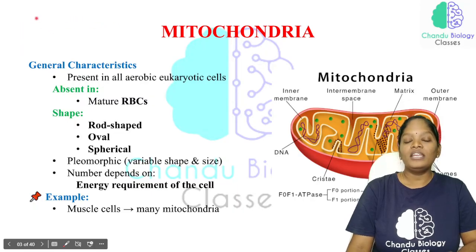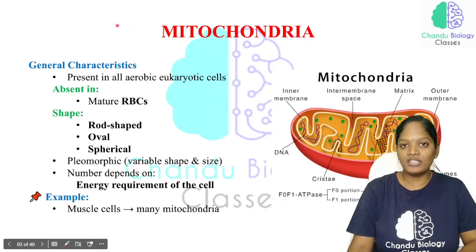Initially prokaryotes were the first organisms to originate, and after that eukaryotes originated from the prokaryotes. The first formed eukaryotes did not perform photosynthesis and were not in an aerobic condition.